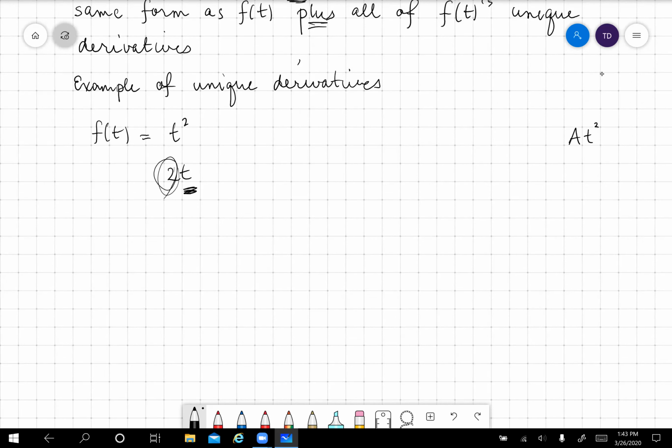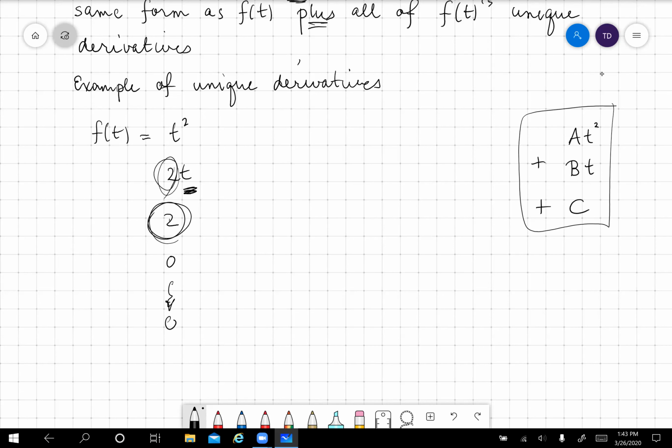It has this form, so now we've got to add a bt term. Then I take another derivative, and I get 2, a constant. The form of this is a constant, plus c. Then I take the derivative of a constant, I get 0, and all the derivatives from there on are 0. So the form that I'm going to guess is going to look like this.